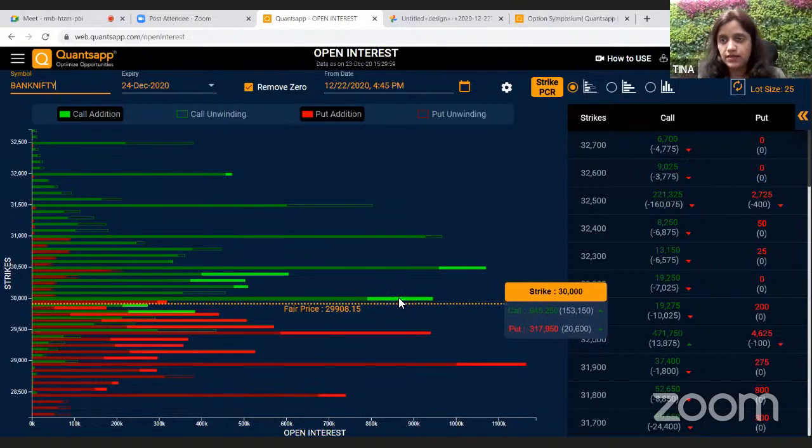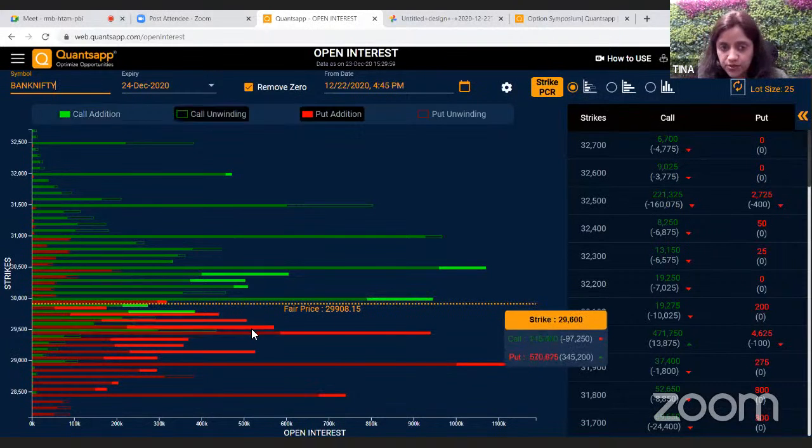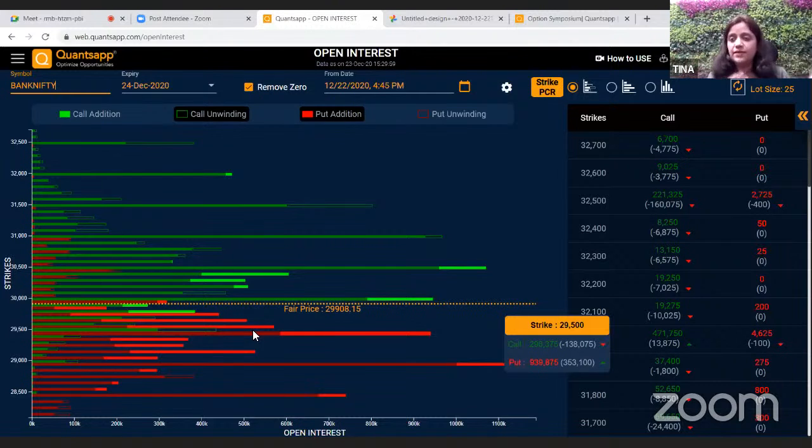So it is now near its highest call strike. On the put side, major additions were seen only at 29,500. So the band of 500 points in how Bank Nifty moves is still intact. Right now, the 30,000 strike is the resistance, 29,500 is the support.